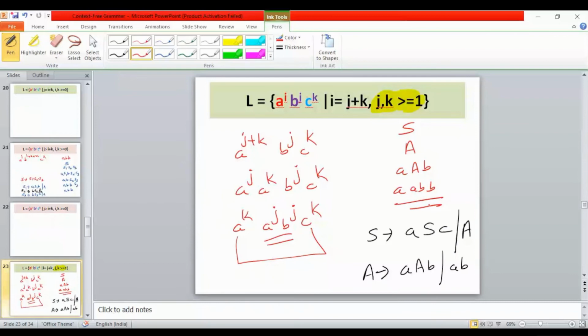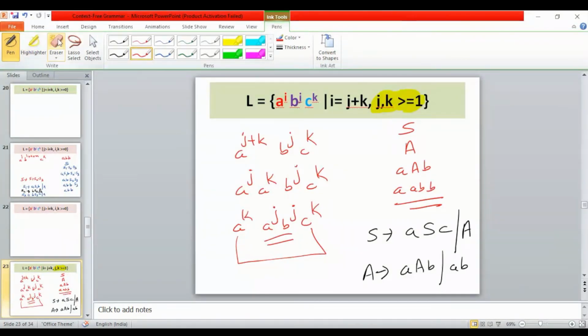That means we must have occurrences of K present in it. So when we are generating C, which is representing K, we have to generate also A, because A and C are always equal. A raised to K, C raised to K is there.